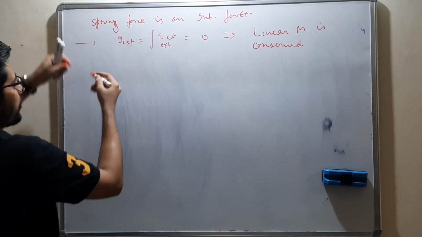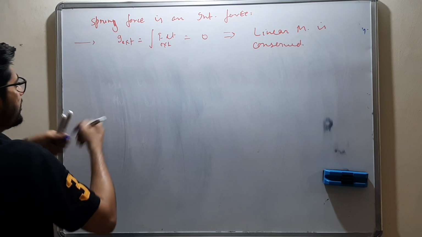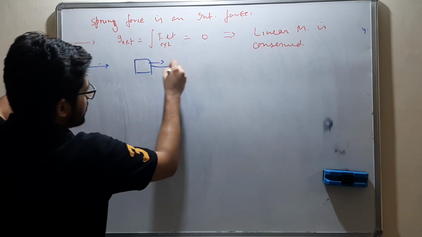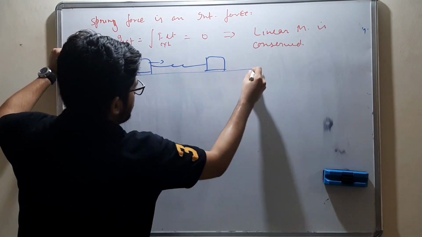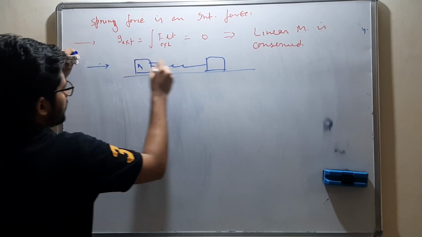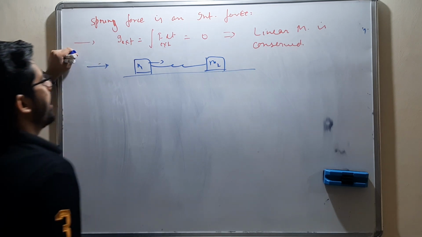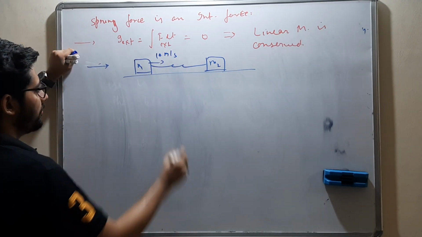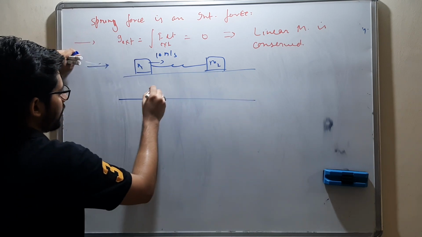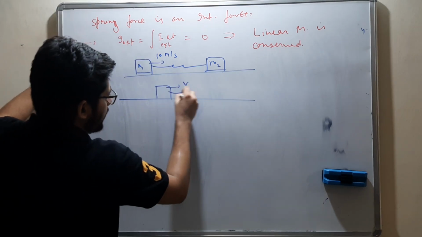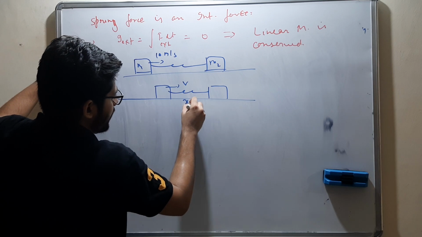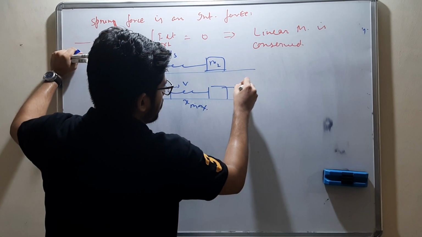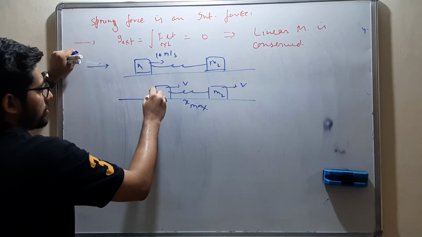Initially m1 has 10 meter per second initial velocity. Finally m1 will have velocity v, the spring will be compressed by x max, and m2 is also having velocity v.